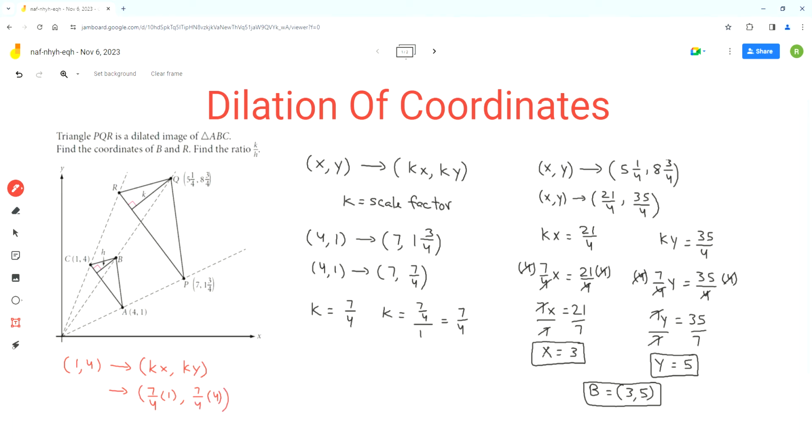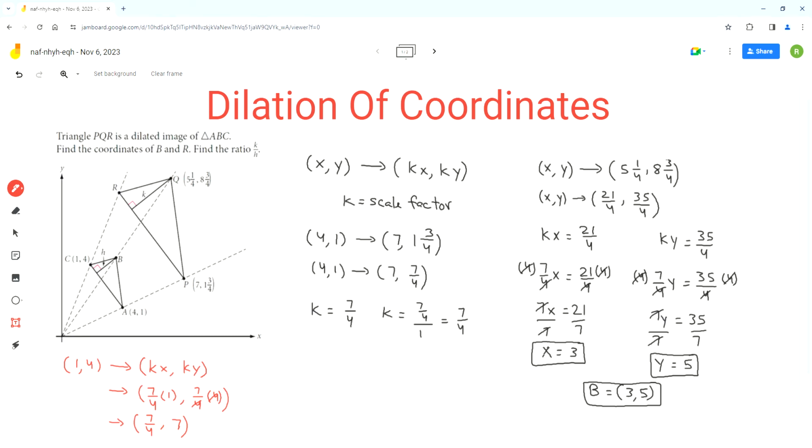Now we can simplify this expression. 7 over 4 times 1 is 7 over 4. And then 7 over 4 times 4: the 4's cancel each other out, so we get just 7. Those are the coordinates of point R. Since the given numbers are in mixed number form, we should change 7 over 4 to mixed number form.